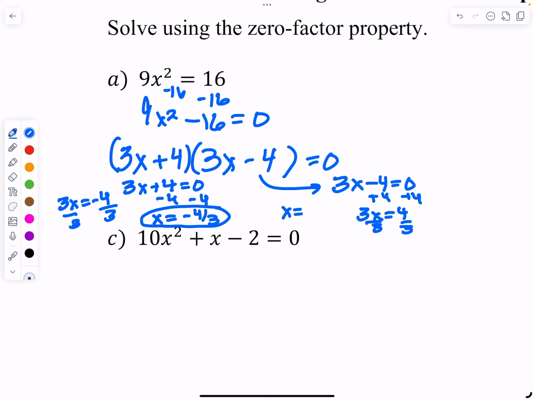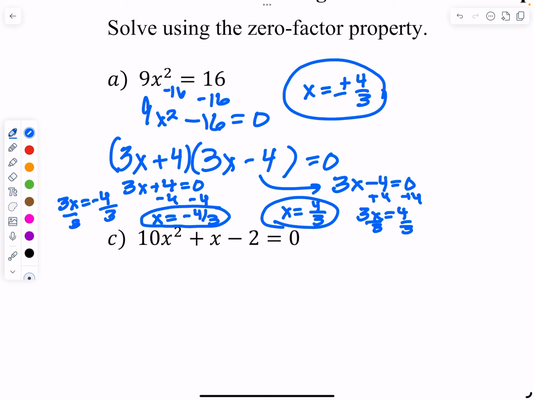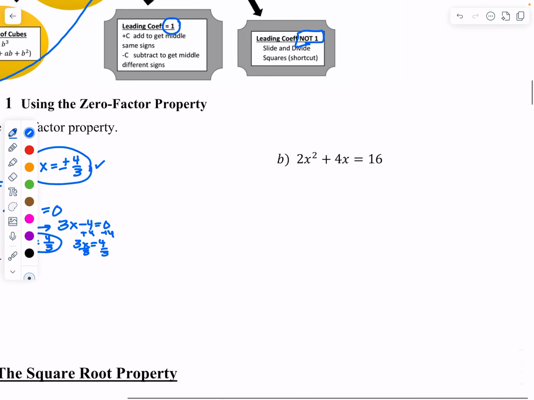So I get x is 4/3 or x is negative 4/3. You could write that as plus or minus 4/3. So I could either enter that into my lab or 2 separate numbers into my lab. Let's do this one.